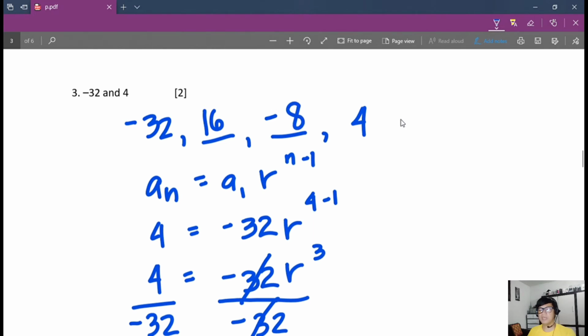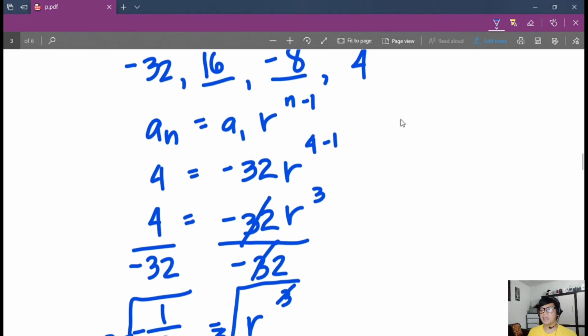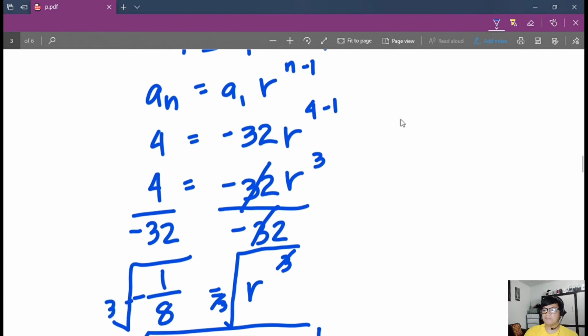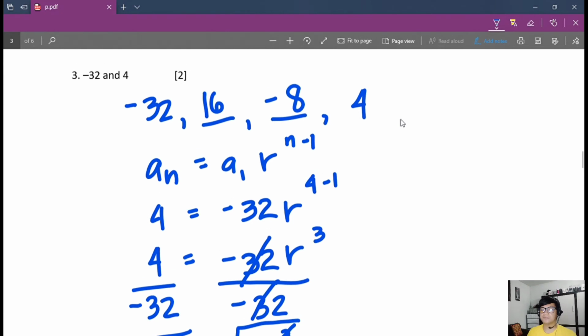And negative 8 times negative 1/2, that's 4. So, alternate. When the ratio is negative, you will notice there will be an alternate sign in our sequence. So, negative 32, 16, negative 8, 4.